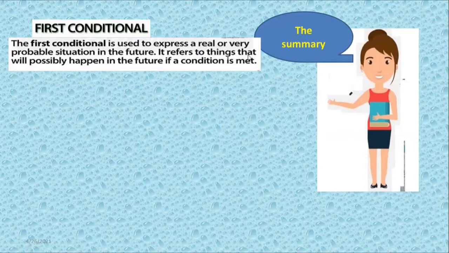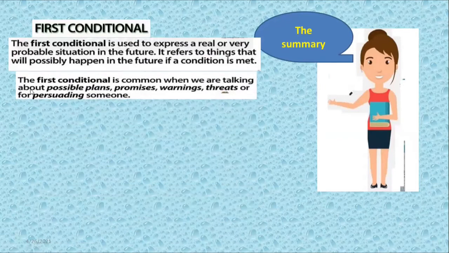It refers to things that will possibly happen in the future if a condition is met. The first conditional is common when we want to talk about plans, promises, warnings, threats, or persuading someone. For example, if you help me, I will help you.